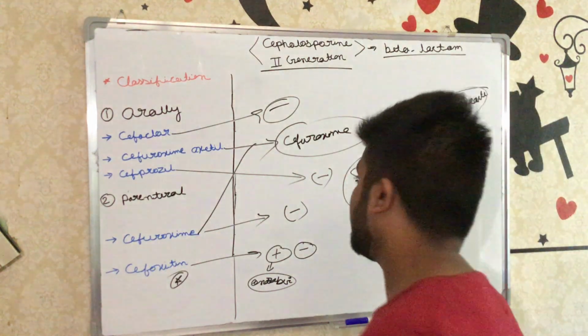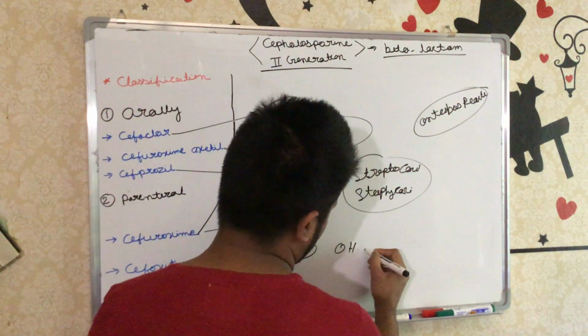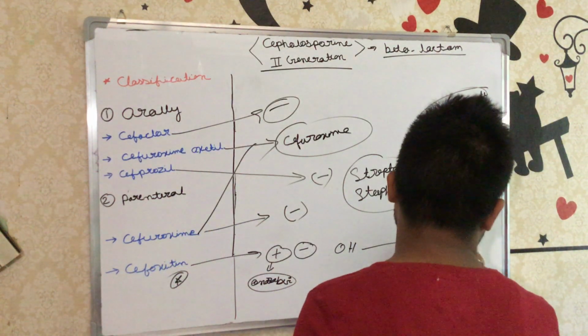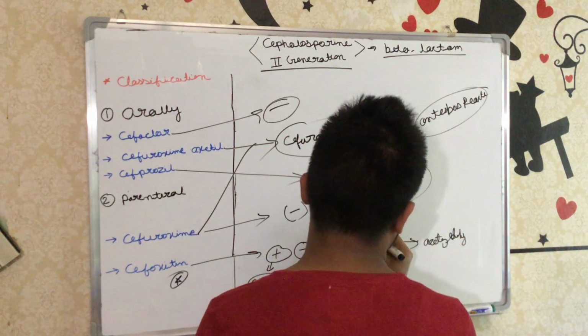What is antabuse? In the previous lecture I discussed that alcohol will be converted into acetaldehyde due to alcohol dehydrogenase.